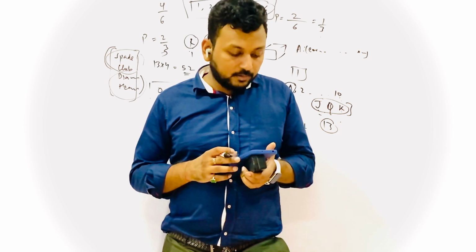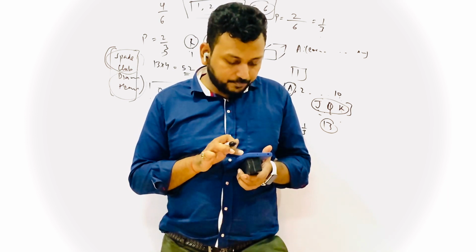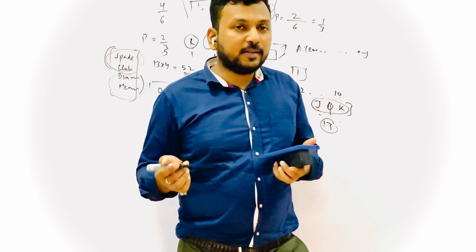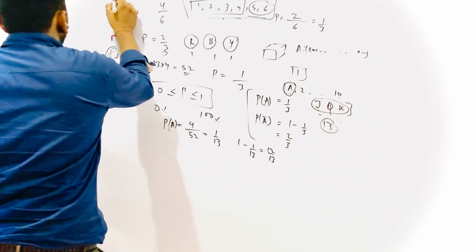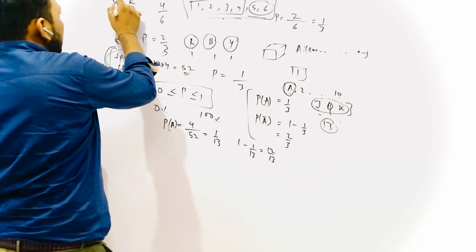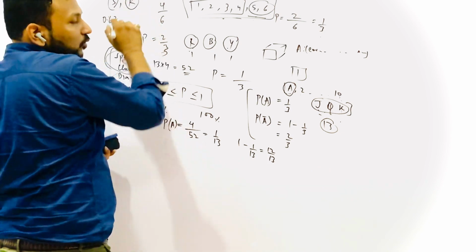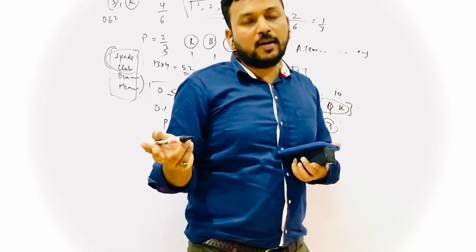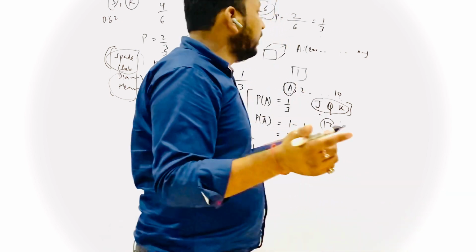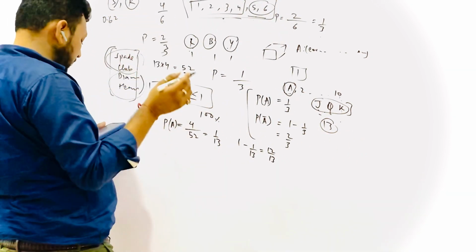Coming to example number 5. Two players are there, Sangeeta and Reshma. They are mentioning that Sangeeta will win with probability 0.62. So obviously one of them will win the match, because they are opponents.